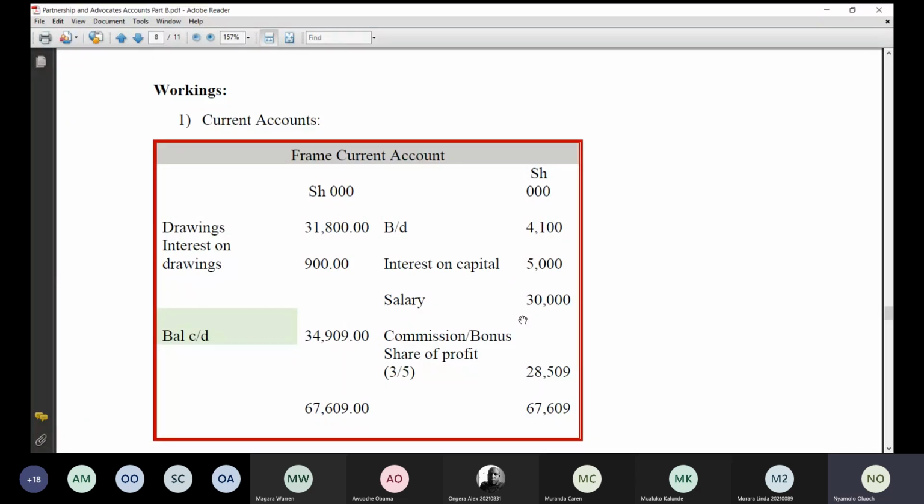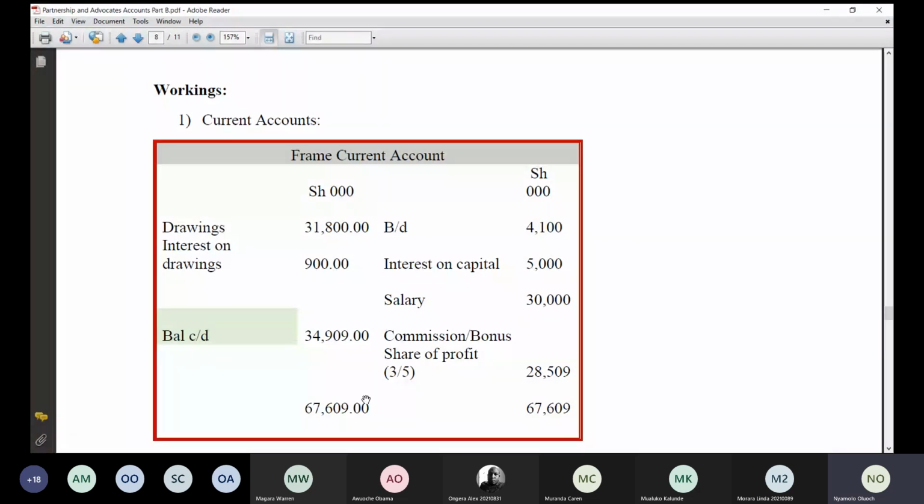The reason is you may have worked it out very closely, but then you've picked the wrong figures to your balance sheet. So if the examiner has seen these workings, there will be more marks here on the adjustments of the current account as opposed to just that one final figure.